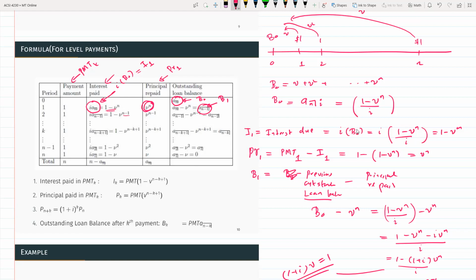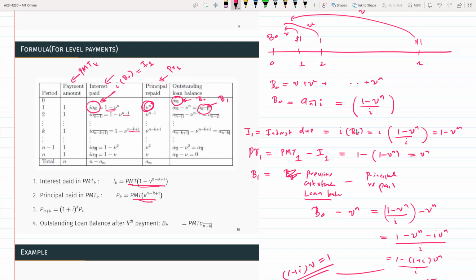This is just for $1. If the payment size is this, then you have to multiply by the payment size. If it is $1, then you have 1 minus v to the n minus k plus 1. But if you have a payment size, then you multiply by that. Also, the principal you can see here is v to the n minus k plus 1. So this is the general pattern.